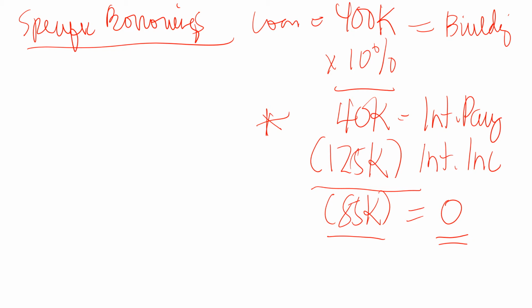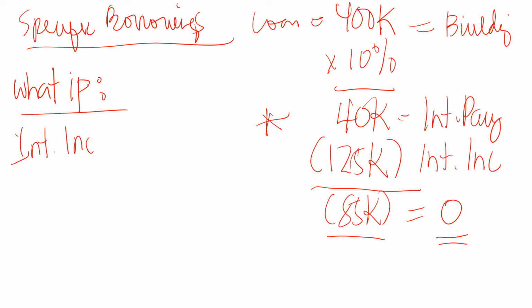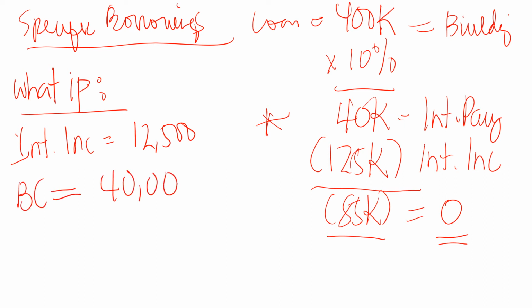What if, kasi parang may mali lang doon sa given. So, what if, instead na 125,000, ang interest income natin is only 12,500. If that is the case, yung borrowing cost natin is 40,000 kasi specific borrowings to.